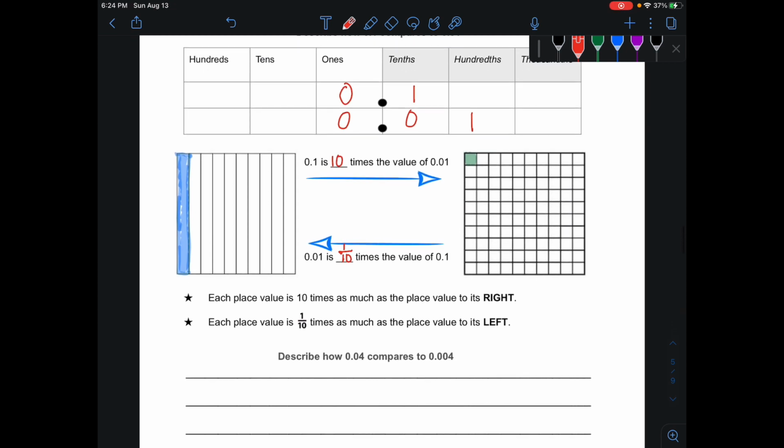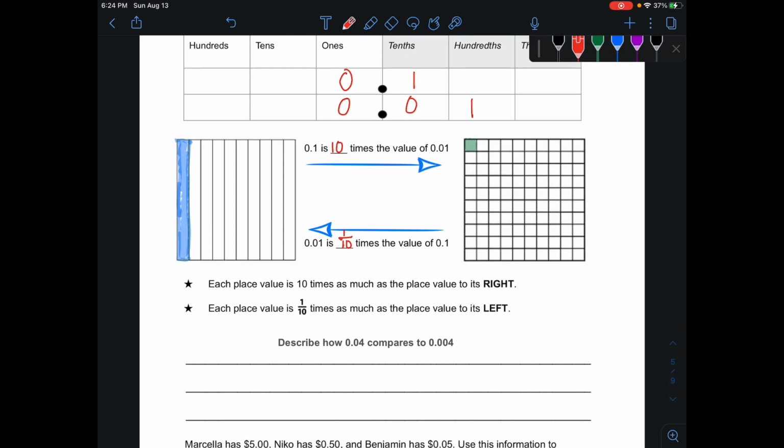Let's read these statements. Each place value is 10 times as much as the place value to its right. Each place value is 1/10 times as much as the place value to its left. So let's see this example. So this 3 means 30, and this 3 means 3.